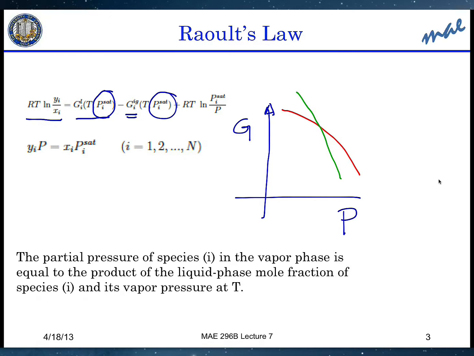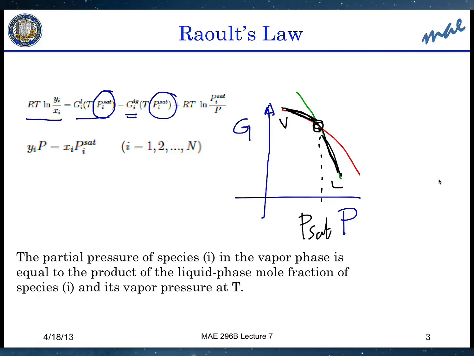So you'll find that at some critical pressure, let's say this is a saturation pressure where the transition happens, on this side the Gibbs energy of the vapor phase is less than the liquid phase, and therefore you have vapor, and on this side the Gibbs energy for the liquid is less than for the vapor, so you have liquid.